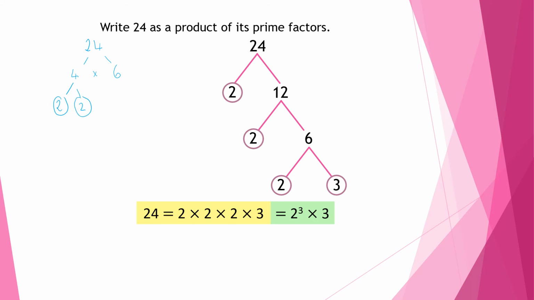I could break 6 down into 2 times 3. And all of a sudden I've got 2 times 2 times 2 times 3, which is the exact same answer I got down here by breaking 24 into 2 times 12. So it makes no difference how you split that number up, you will always have the same prime factors at the end of it.